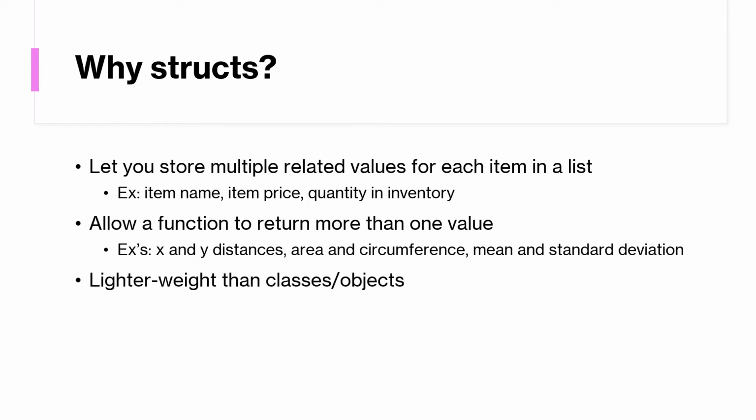If you're coming to C++ from a different language where they maybe don't have structs, or they don't use them very much, where it's a very object-oriented language, and so you would naturally just reach for making a class or an object. Structs can be lighter weight than classes or objects. You don't have to deal with privacy, the public-private divide.